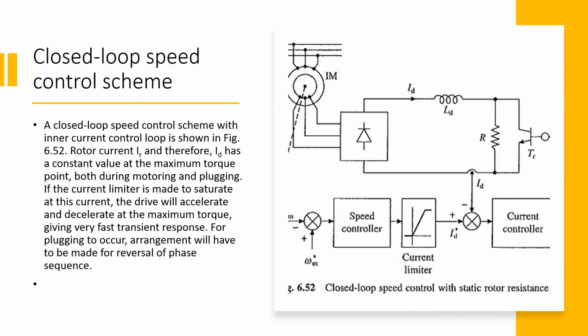The closed-loop speed control of an induction motor employs an inner slip speed loop with a slip limiter and an outer speed loop. Since for a given current the slip speed has a fixed value, the slip speed loop also functions as an inner current loop.